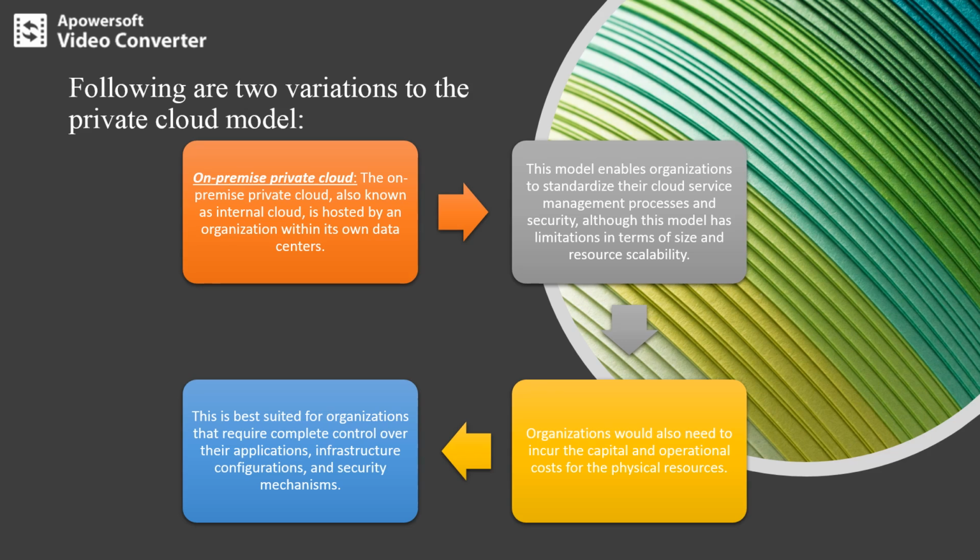The following are two variations of the private cloud model. The first one is the on-premise private cloud, also known as the internal cloud, which is hosted by an organization within its own data centers.